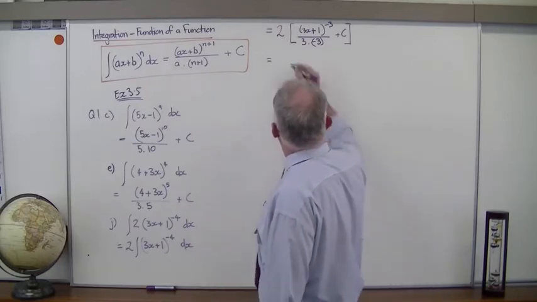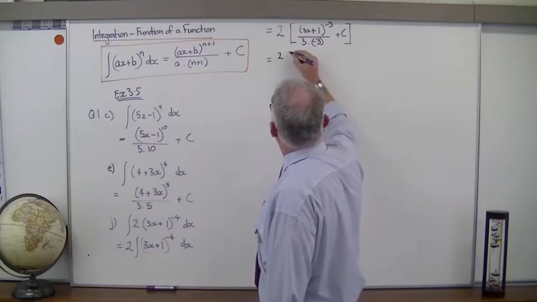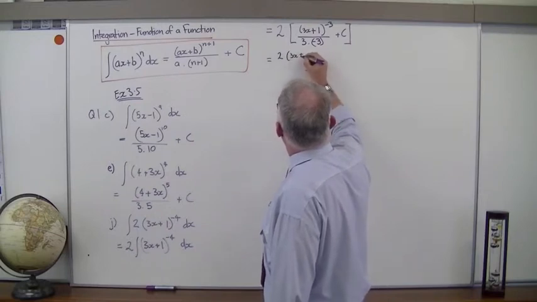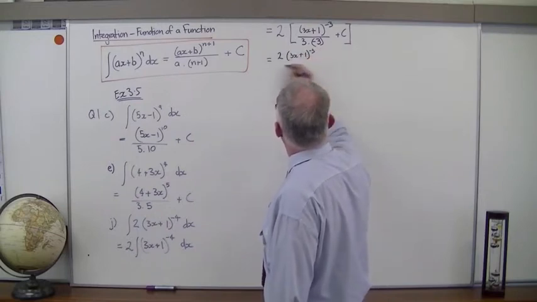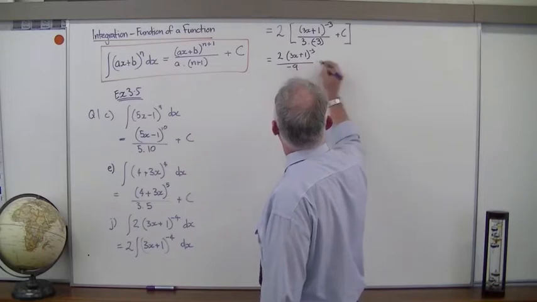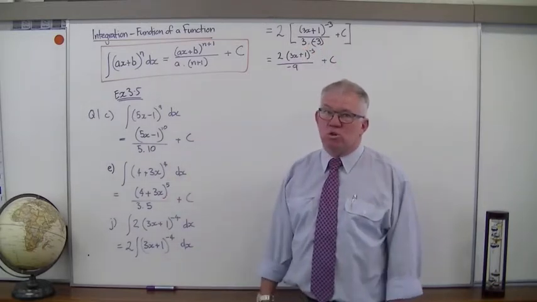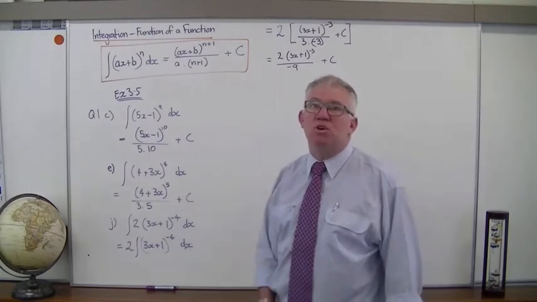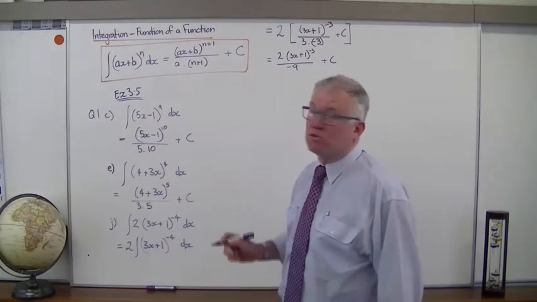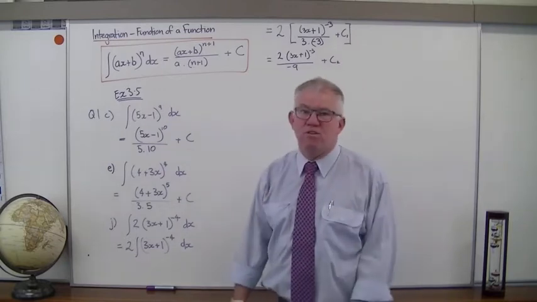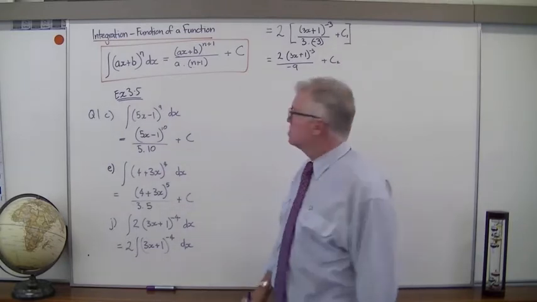And if I write this out to completion, we'll have 2 outside of 3x plus 1 to the power minus 3 all over minus 9, plus 2 times a constant, which is still a constant. Sometimes you'll find that the constants are given a subscript to denote that they are slightly different in value, but they're still constants regardless.